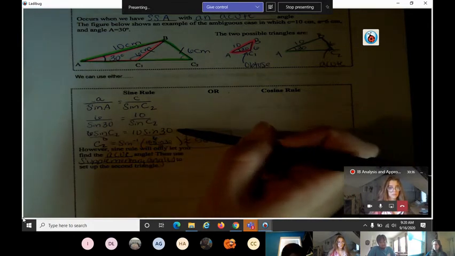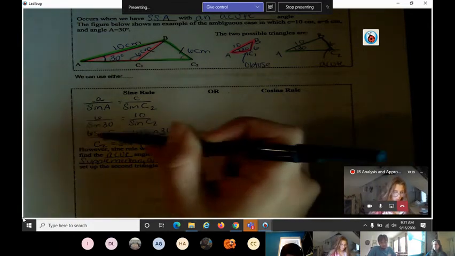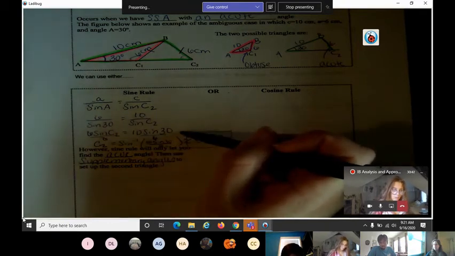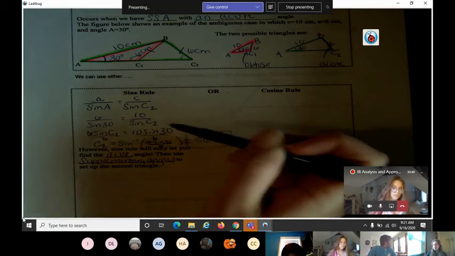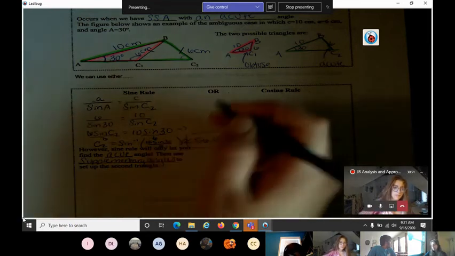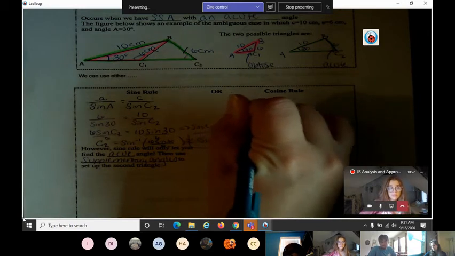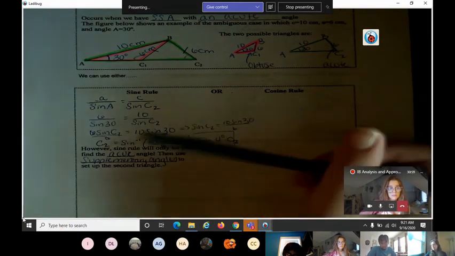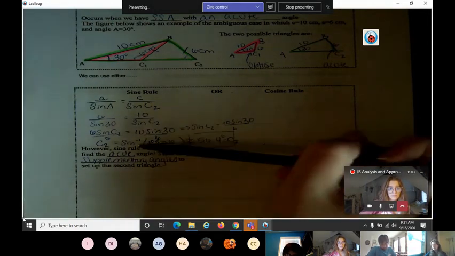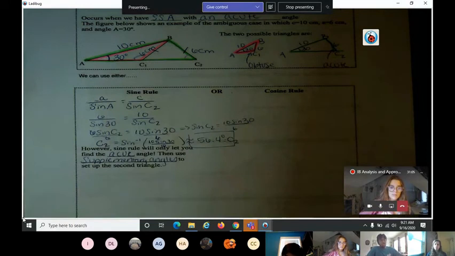Then I divided by 6 on both sides to isolate the sine C2. Then I skipped a step. I could have written out that sine of C2 is equal to 10 sine 30 over 6. I just skipped it and took the arc sine of each side right off the bat. Does that make sense? Yes. Okay, are you unlost now? A little bit, or more so. Okay.